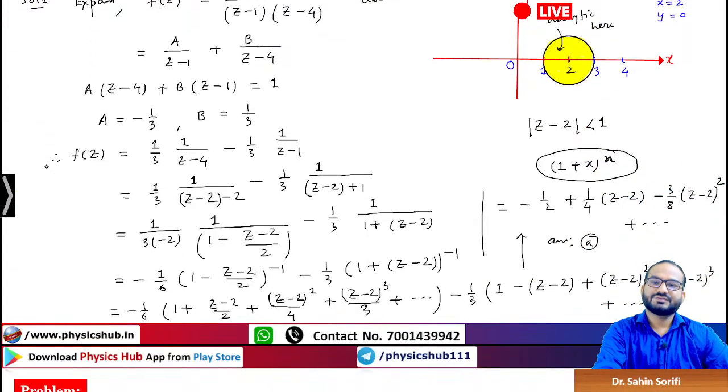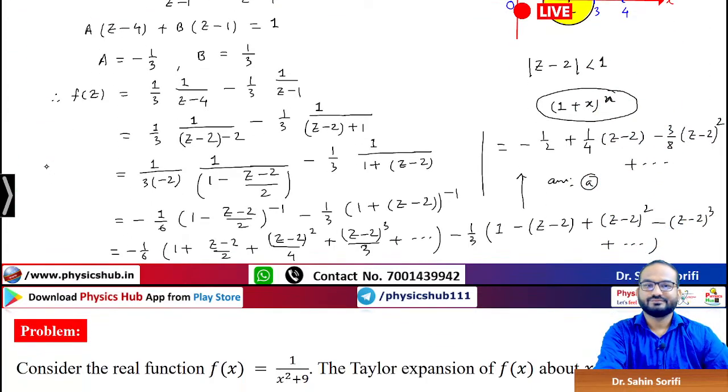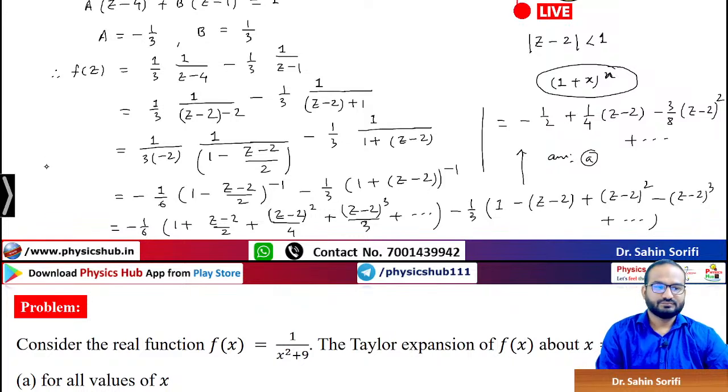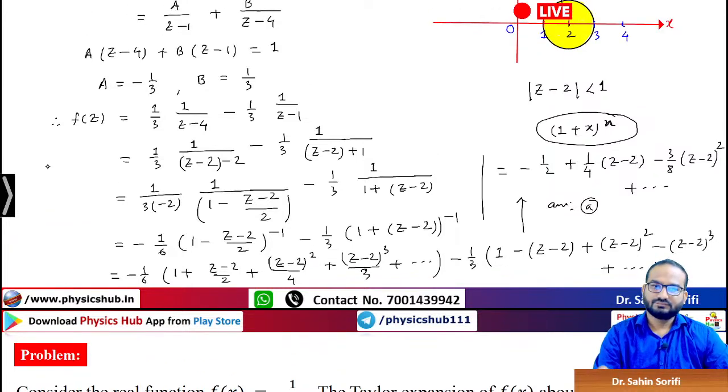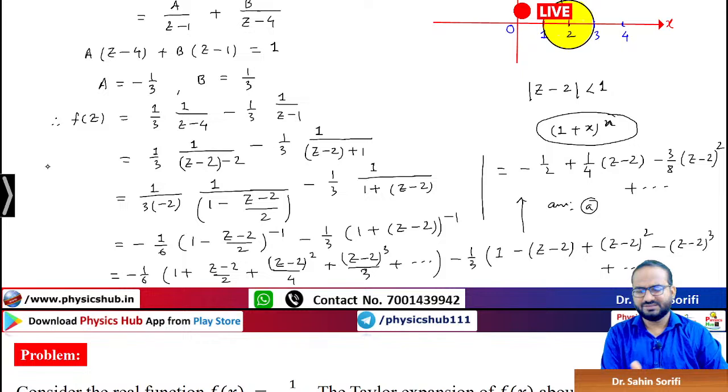Let me know if you have understood this very good problem. Look, the mathematical part you can do, you are strong in mathematics, but the concept you need to understand.